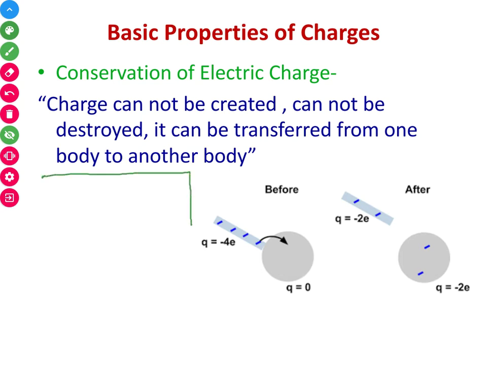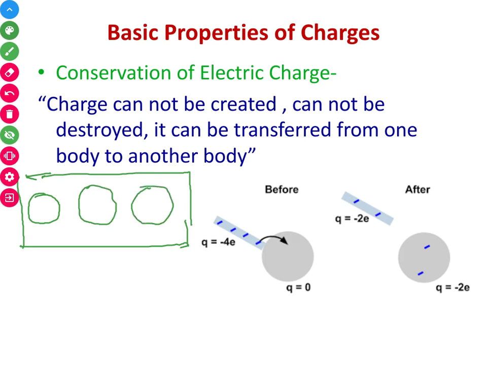This is the system, and it consists of 3 different spheres A, B and C. Suppose at t equal to 0, the condition of this system is: body A contains 4 coulomb charge, body B contains minus 2 coulomb charge, and body C contains 6 coulomb charge.